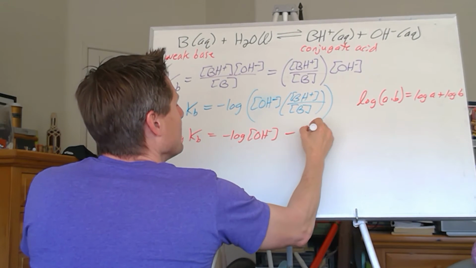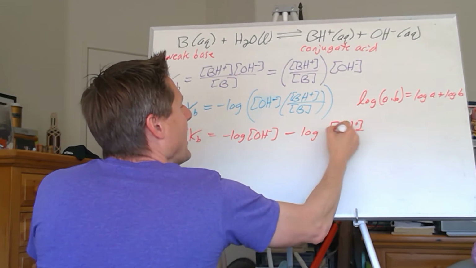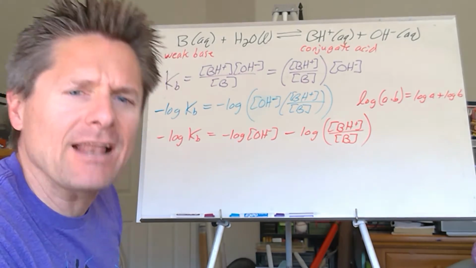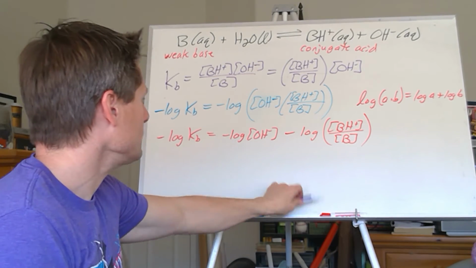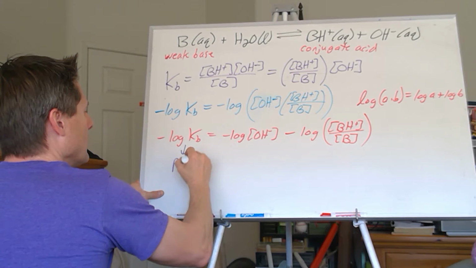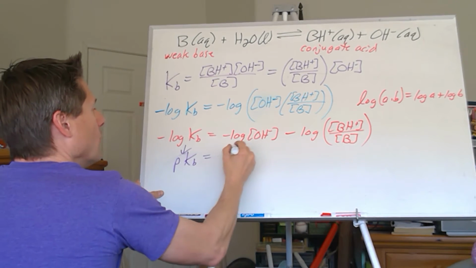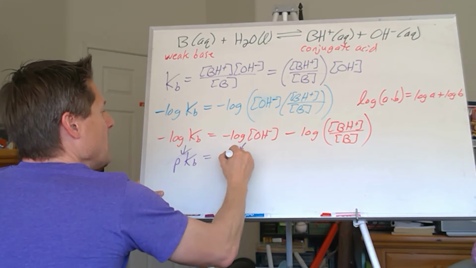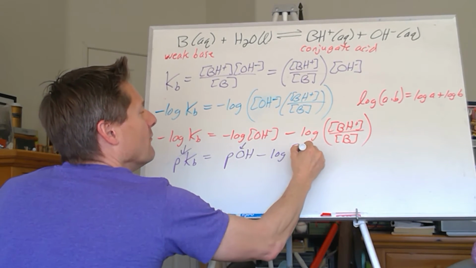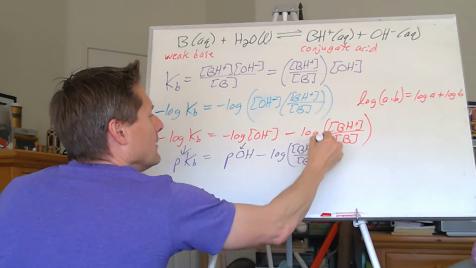This will be minus the log of the concentration of the conjugate acid over the original base, doing exactly what we did last time. This becomes pKb. So pKb will be equal to pOH minus the log of the ratio of the conjugate acid to the weak base.